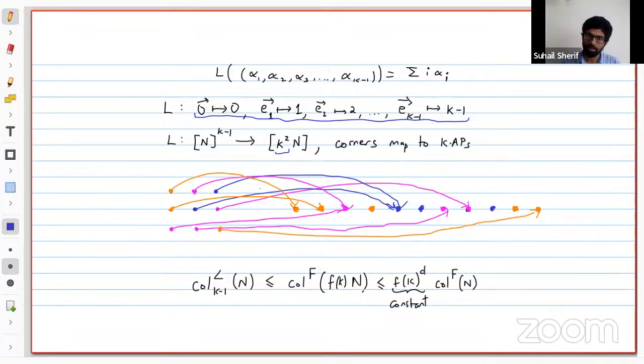In terms of coloring, it's simpler. If you have a few number of colors on the right side, you have at most that many colors on the left side. It doesn't directly translate to largeness of sets, but it's also true for largeness of sets. If you have a large 3 AP free set, that gives you a large corner-free set.